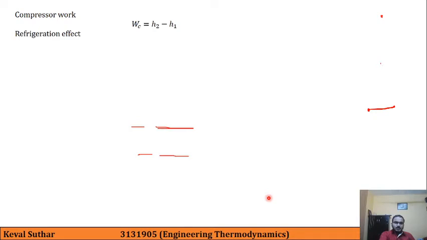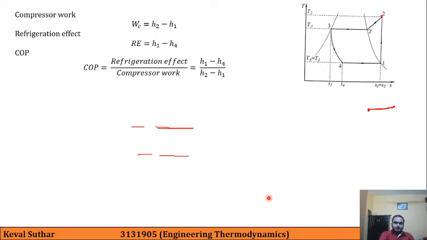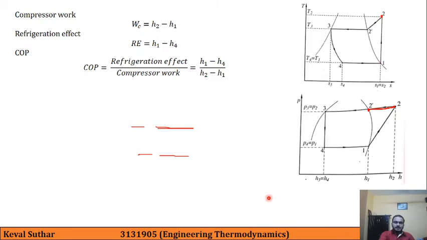The next is compressor work and refrigeration effect, so we can obtain the value of COP here. And this is another case that we have taken, where the compression is happening in the superheated region only.